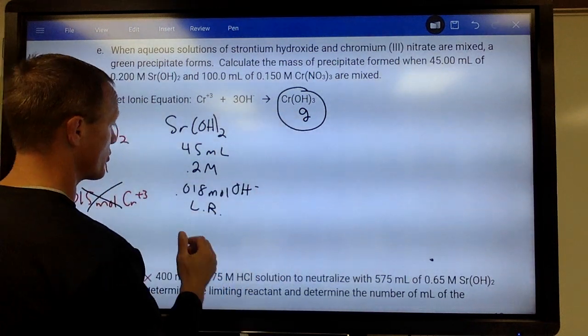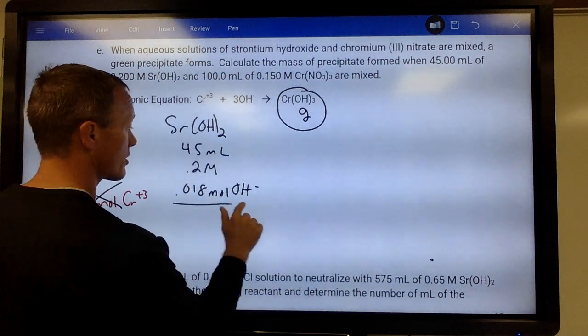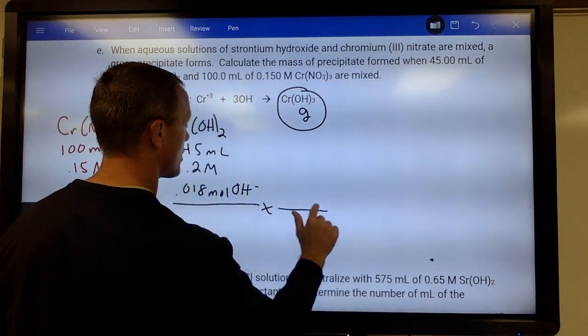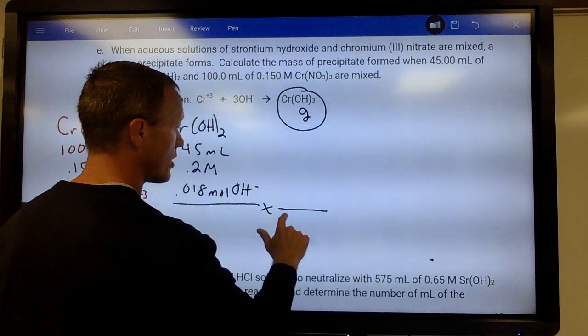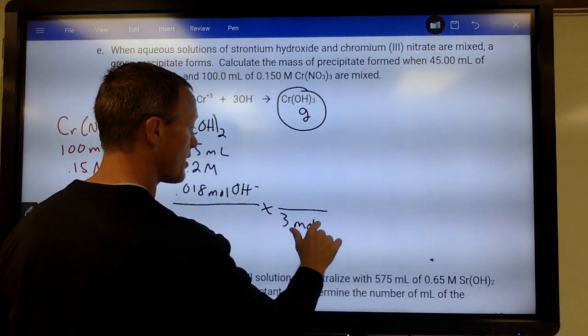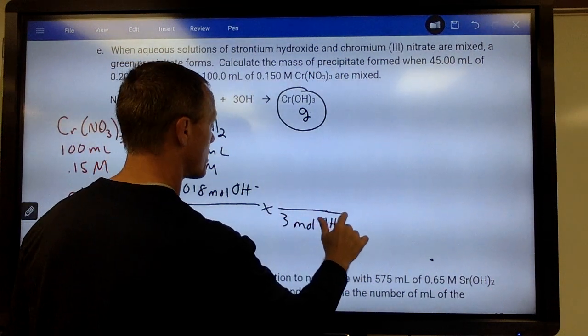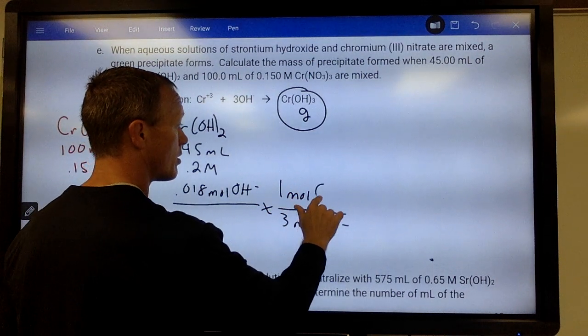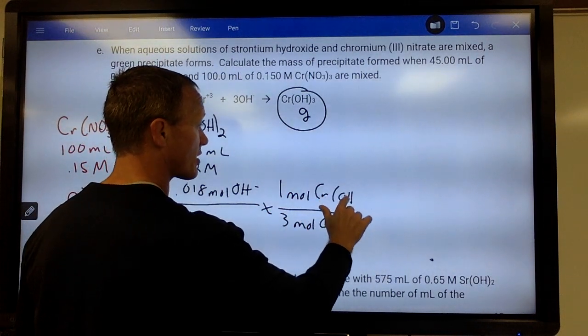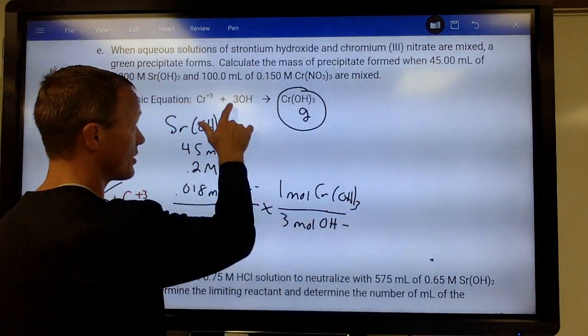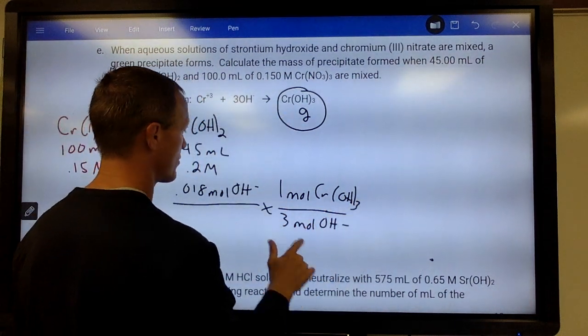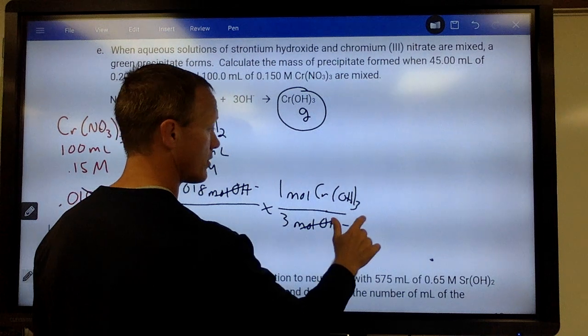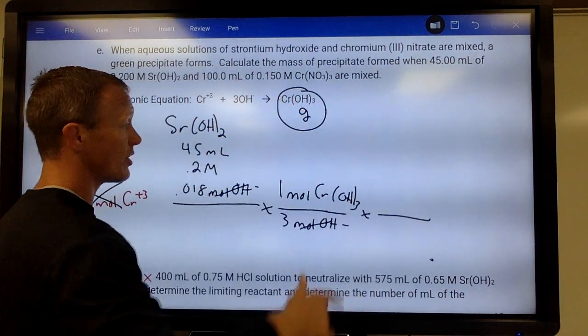So now I can do my stoichiometry, starting with this. And I can just say every 3 moles of hydroxide ions, there's 1 mole of chromium hydroxide that is made. Every 3 moles of these that are used, I make 1 mole of that. That was our mole ratio from our equation.